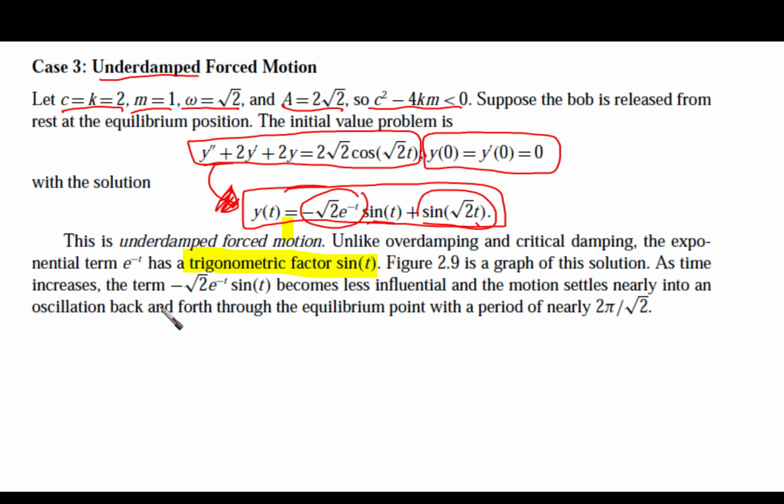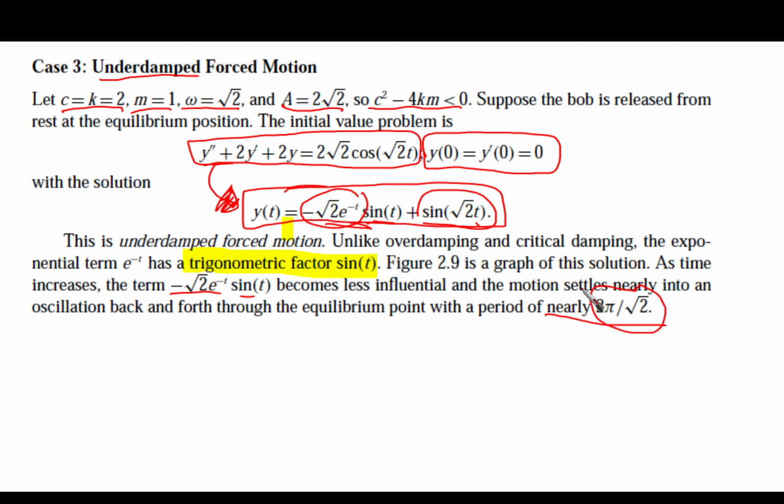As time increases, the term minus square root of 2 times e to the minus t times sine t becomes less influential, and the motion settles nearly into oscillation back and forth through the equilibrium point with a period of nearly 2 pi over the square root of 2.